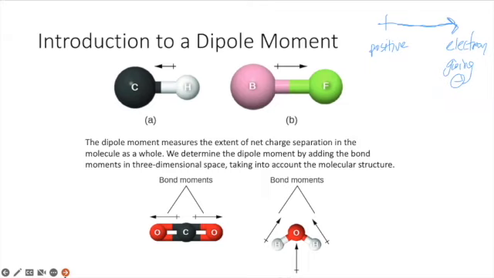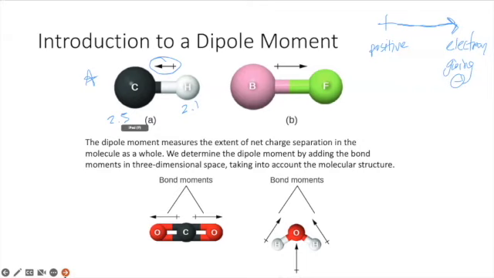I like this picture here because it shows them based off their size, and then they're more negative based on the arrows. So if we were to look at the table, hydrogen has an electronegativity value of 2.1, carbon 2.5, right?